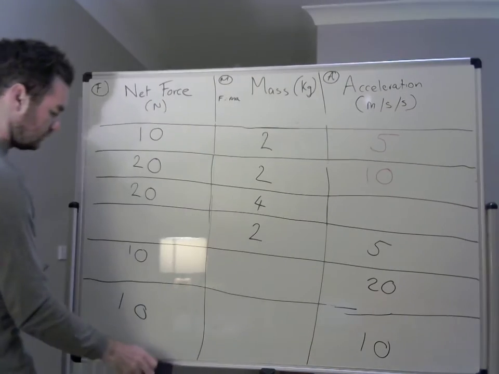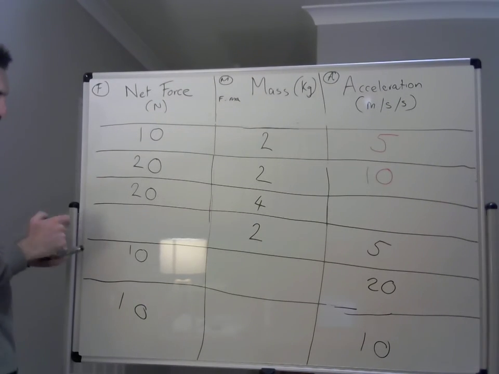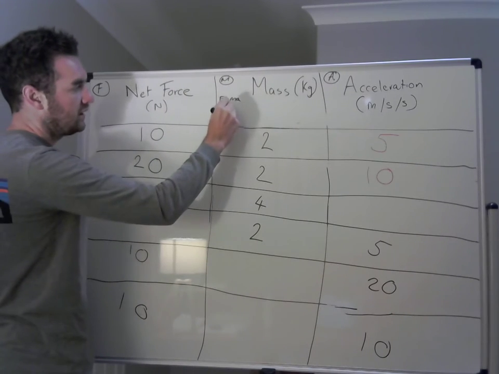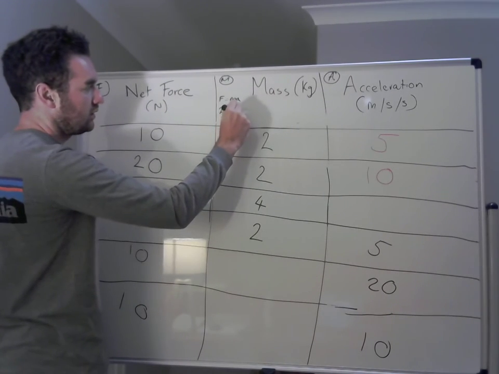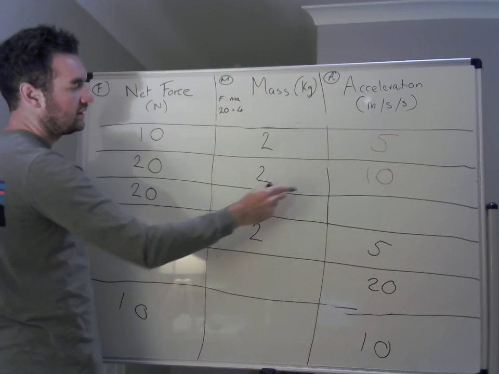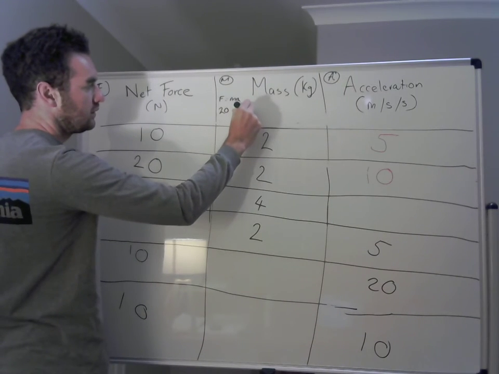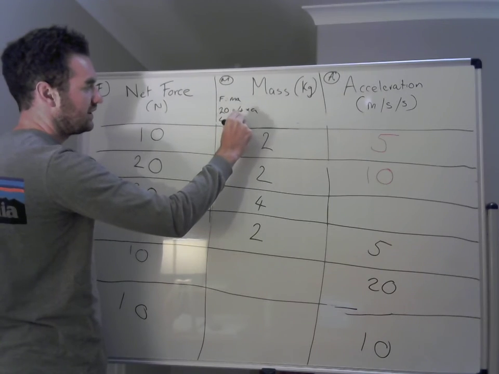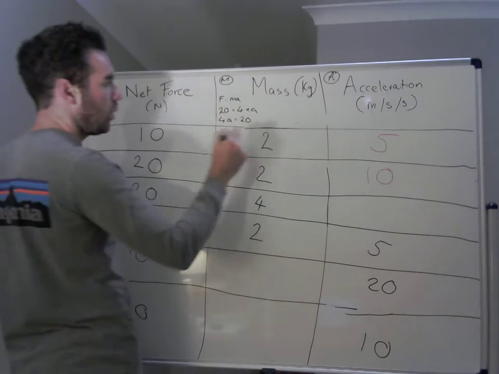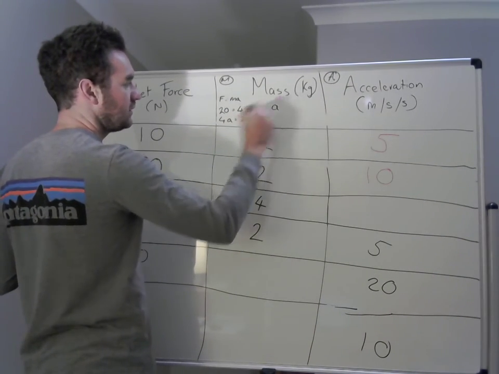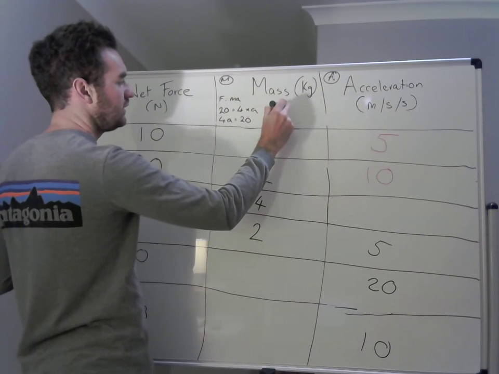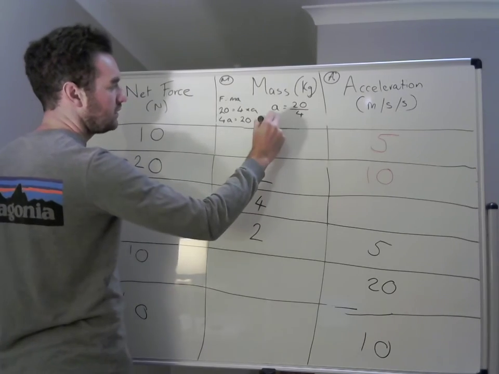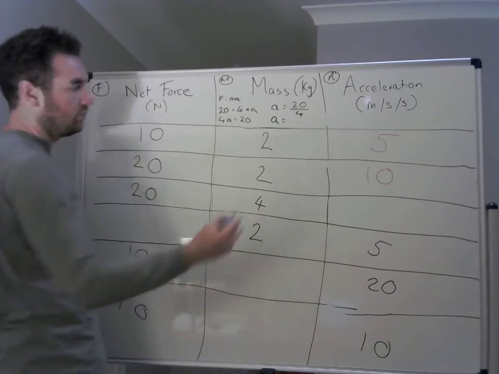Okay, let's do the next one. So we know F again. F is 20, so 20 equals m. This time it's 4. So we've increased the mass to 4, and we don't know a. So we're going to write that as 4a equals 20. So how do we work out what 1a is? Well, we divide both sides by 4, so a equals 20 divided by 4. 20 divided by 4 equals 5.